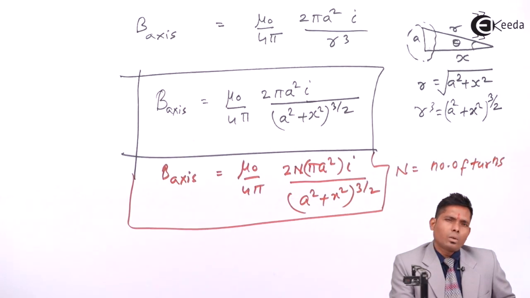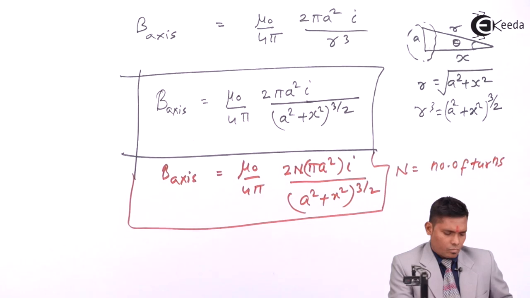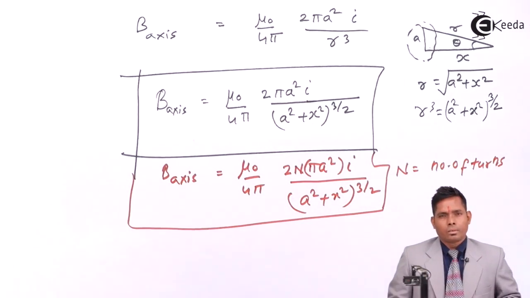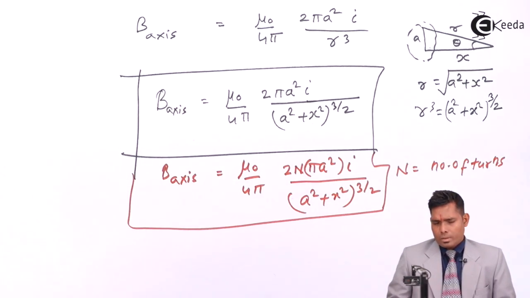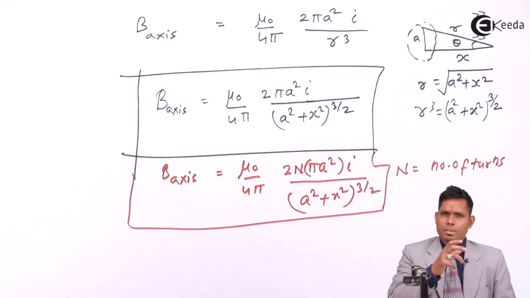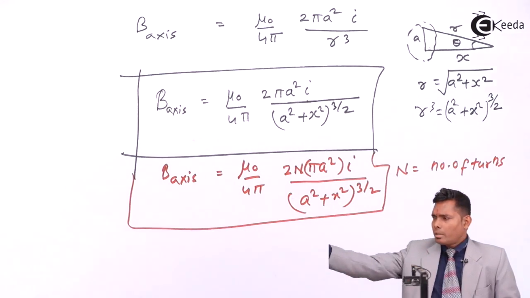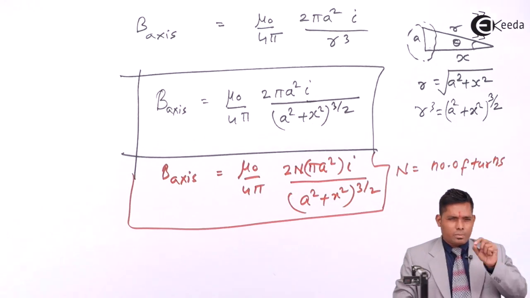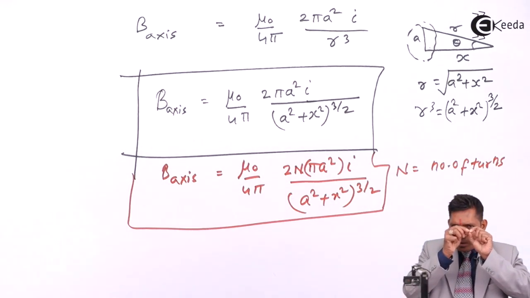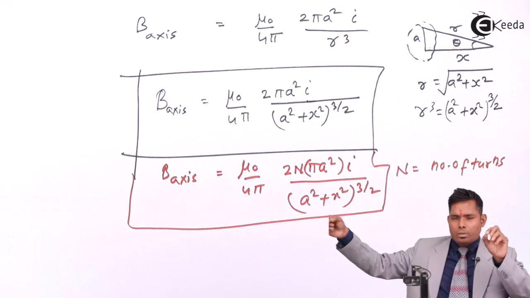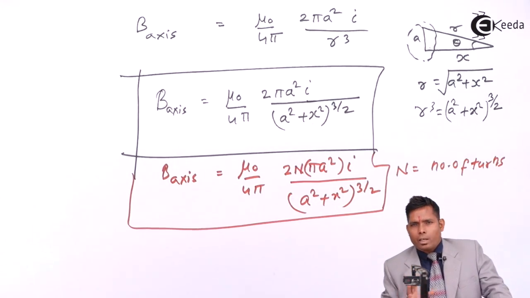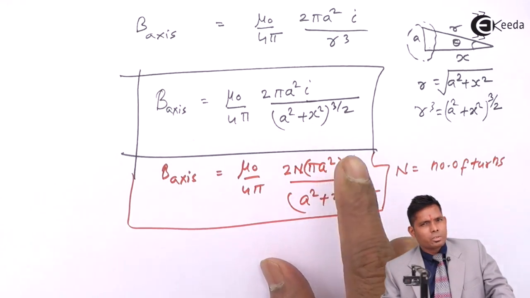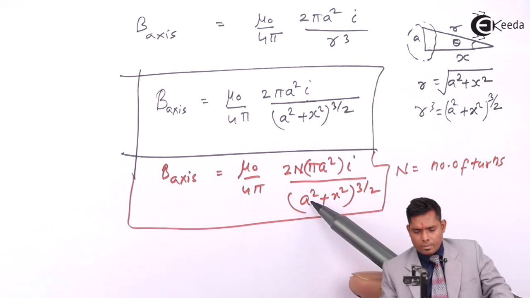If the coil is of very small size, then the radius of the coil will be very much less compared to the x. X is where the point lies on the axis. The coil is very tiny, the radius is small, but this x is very large. So in that case, we can neglect a wherever is possible. That means in multiplication you cannot neglect, you can neglect here.